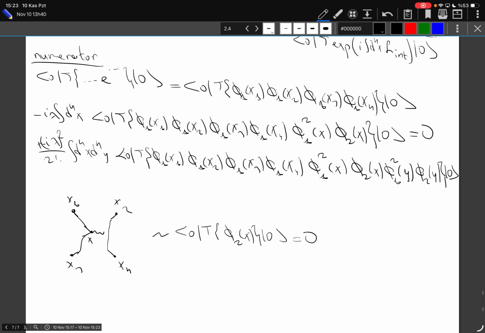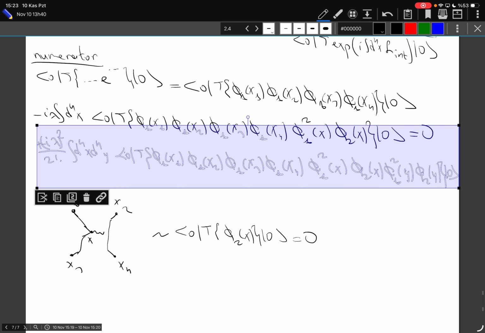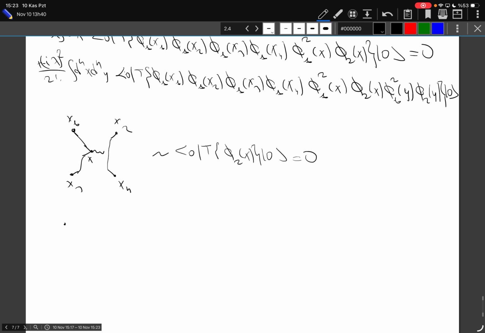Now let me try to draw the last line, this one. Well, again, I will have 1, 2. These are my first kind of particles. And I have, let's say, 3 and 4. These are, again, first kind of particles. I have a point X where I have 2 straight lines, 1 wavy line.